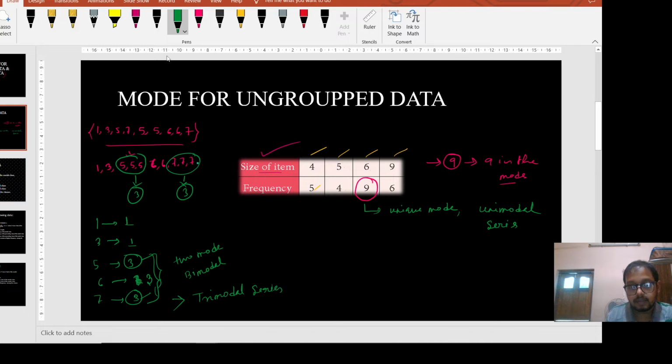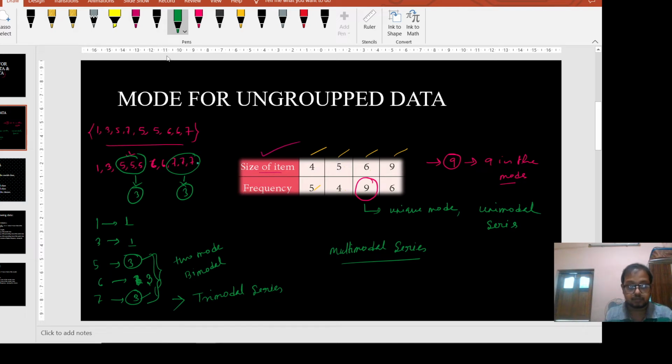And if you find more than that, it is known as a multimodal series. So it is very easy to find the mode for ungrouped data. Just check the highest frequency of the observation, and that is the mode. If there is any repetition, then it is bimodal, trimodal, or multimodal, etc. I hope it is clear to you.